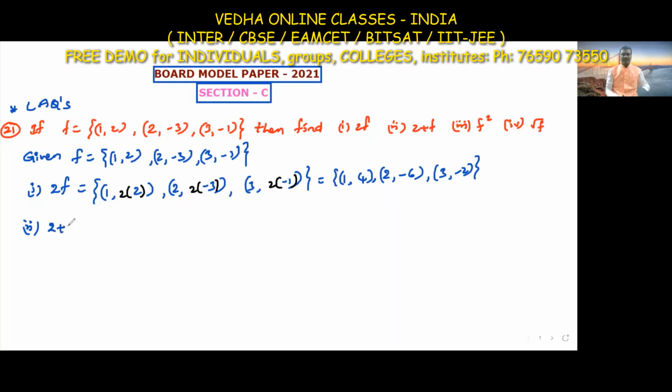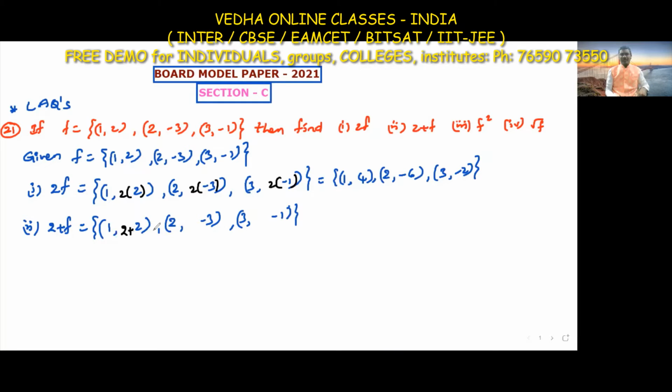The second one is 2 plus f. The same thing we have to do. I am writing the numbers as usual: (2, -3) and (3, -1). As I already told you, whatever the operation, apply it on the second number. So for 2 plus f, add 2 to the second number.